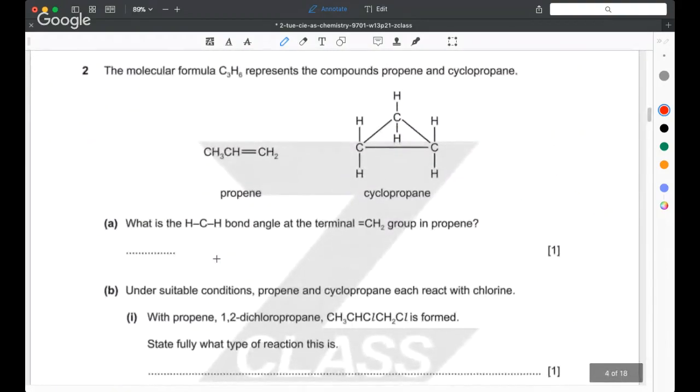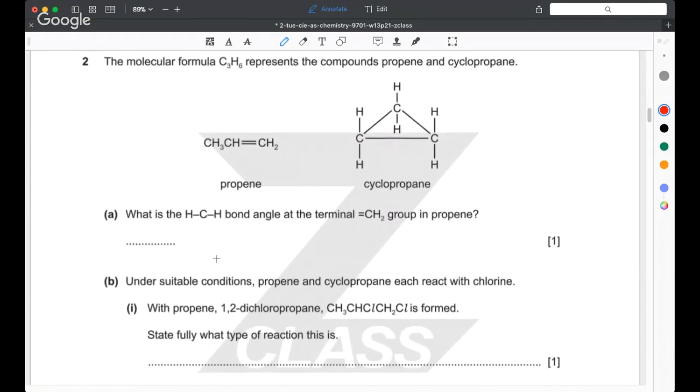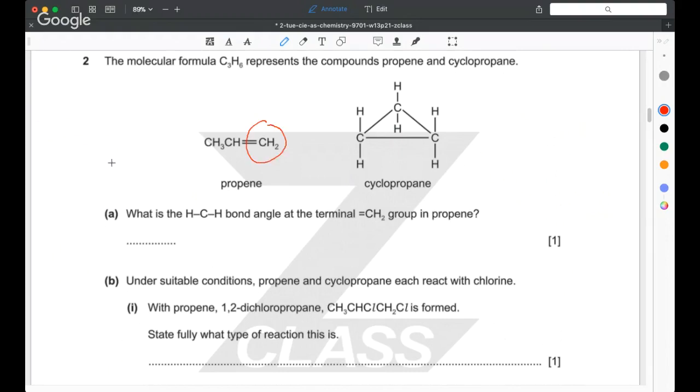Okay, still working on bond angles and shapes, molecular geometry here. Whenever you have a double bond like that, you're looking at a planar arrangement where those three atoms are all in the same plane.